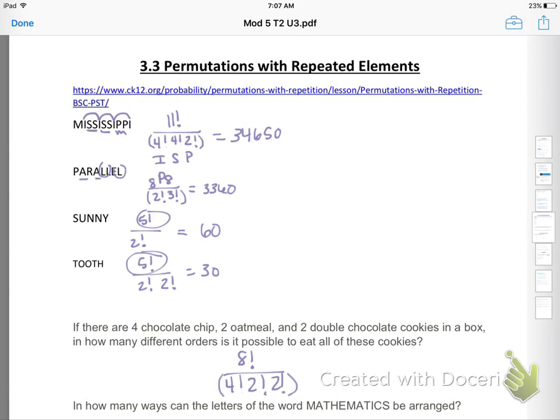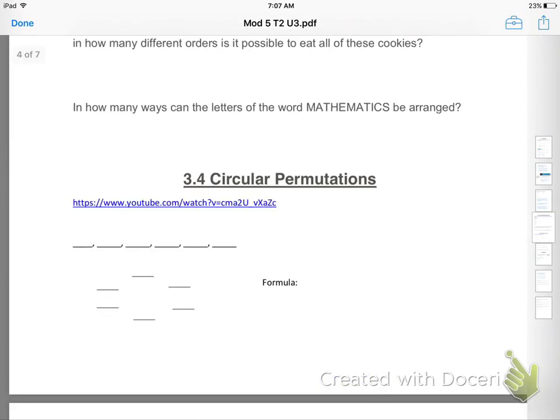Then we type it in our calculator. We get 420 outcomes. So just realize it's not always letters that repeat. If you see items repeating too, that can also work that way.